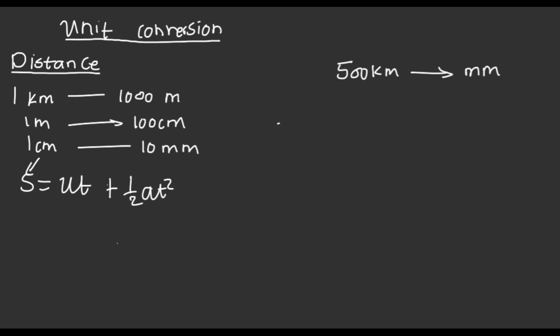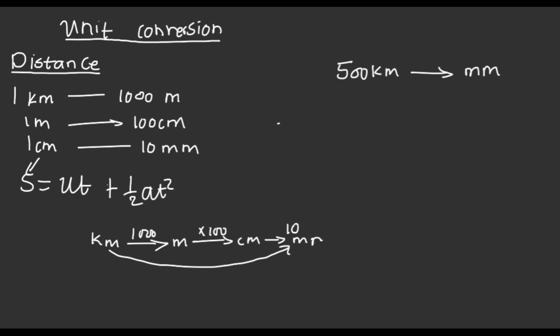From kilometer to meter, remember you multiply by 1,000. Then from meter to centimeter you multiply by 100. Then from centimeter to millimeters you multiply by 10. So if you want to move from kilometer directly to millimeters, this will be 1,000 multiplied by 100 multiplied by 10, which gives us 1 million.